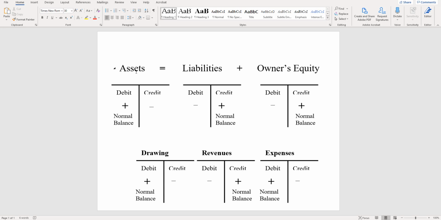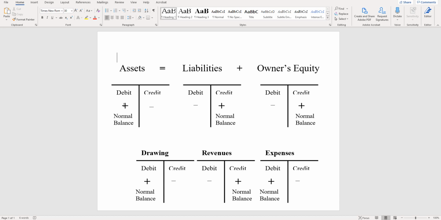These are both assets, and an asset, when it goes up, is a debit, and when it goes down is a credit. Our cash was going down, but our equipment is going up. So our cash is going to be a credit, and our equipment is going to be our debit.